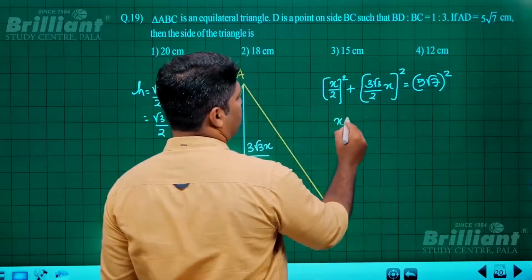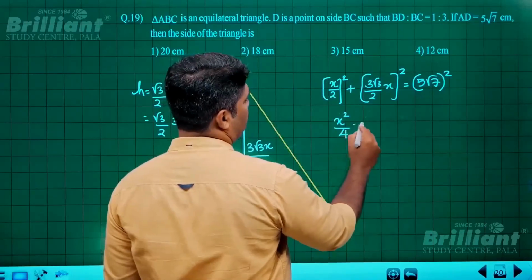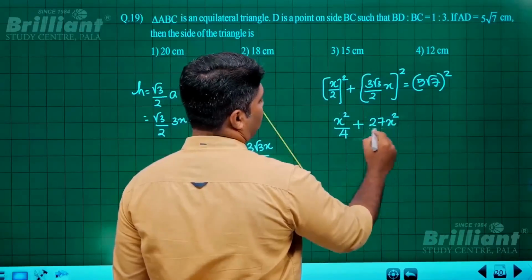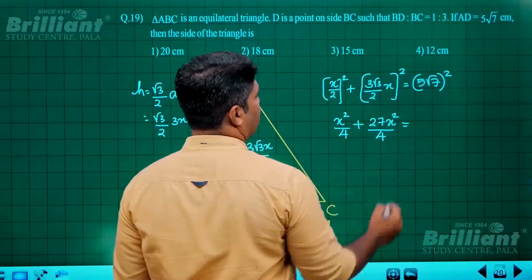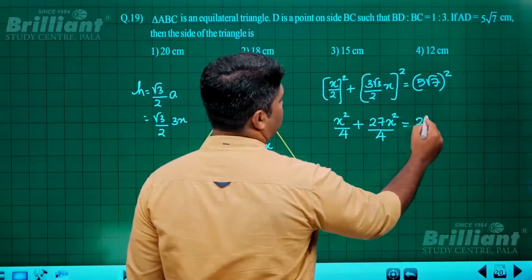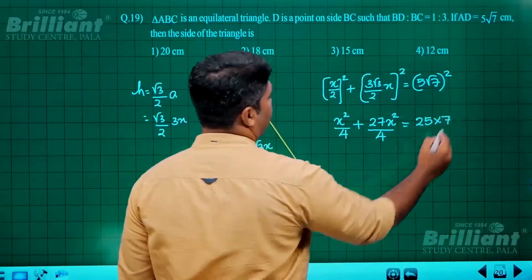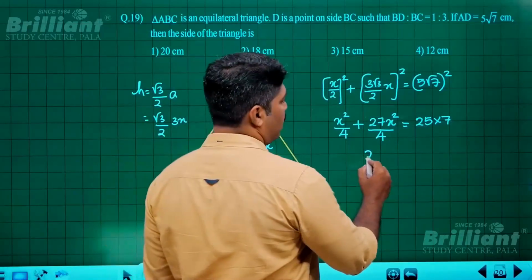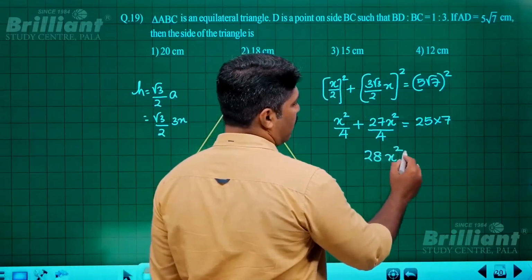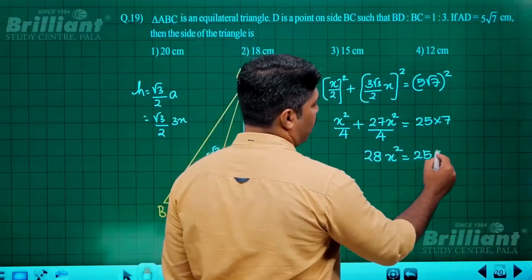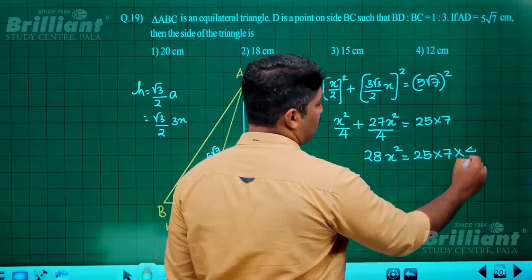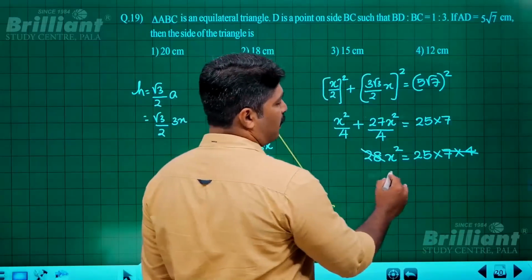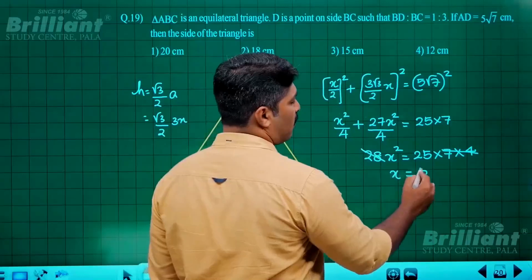So this is equal to x square by 4 plus 27x square by 4, and this is equal to 25 into 7. Keep the value like this. You don't want to multiply it. So 28x square is equal to 25 into 7 into 4. Here 28 and 7 into 4 are the same. Therefore, x is equal to plus or minus 5.